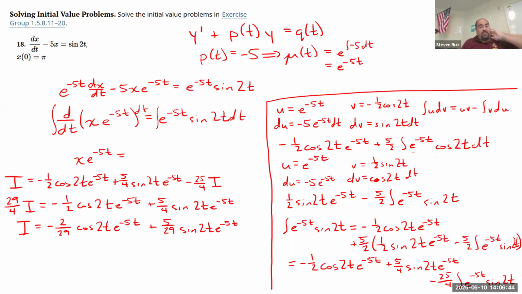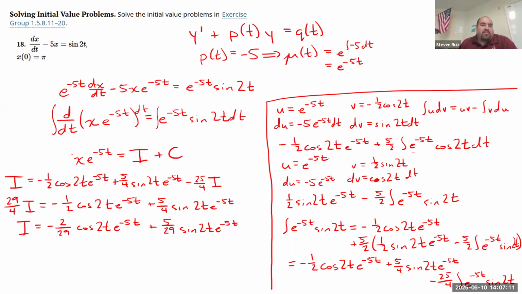So why did I do all that? That was all to get the right-hand side of this equation, essentially. So for now, I'll just write it like this: x times e to the negative 5t equals I plus c. So let's go ahead and figure out what c is, because we do have the means to do that this time.